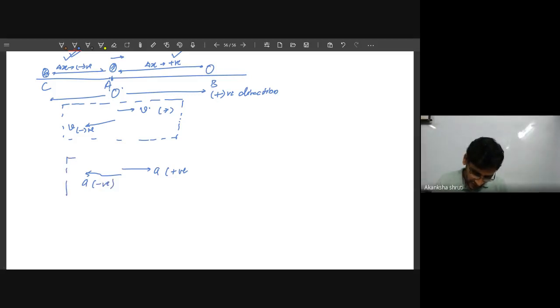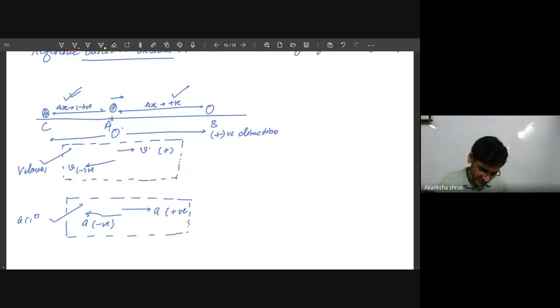So this is the other possibility. Therefore, this vector quantity can be positive or can be negative. So this is for the velocity, this is for the acceleration. And here I have substituted for the position or displacement.